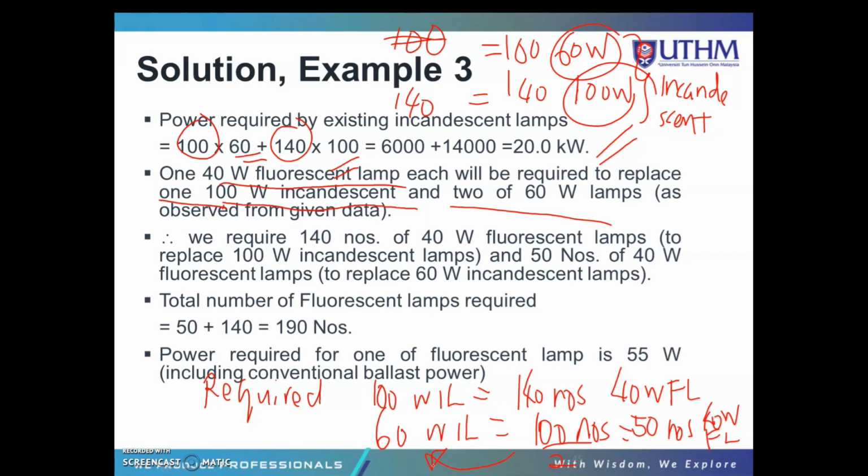So we have here 140 plus 50. So the total number of fluorescent lamps required is 190 numbers.